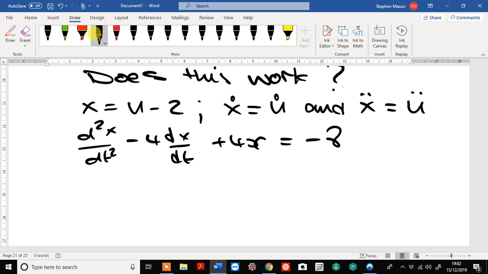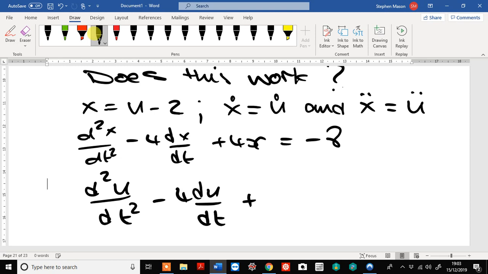So substituting u dot in for dx by dt, and u minus 2 in for x, we obtain, just a moment, I've made a mistake. d squared u by dt squared minus 4 du by dt plus 4 times u minus 2, and that's equal to minus 8.